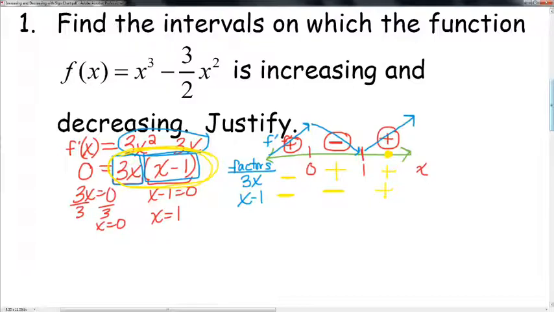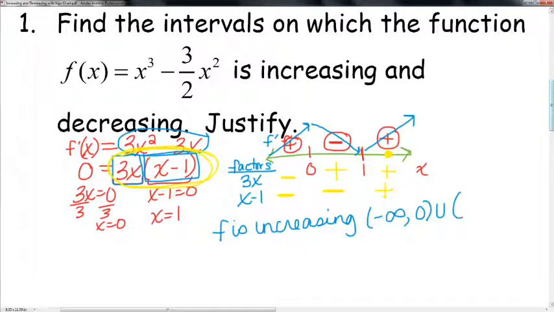So f is increasing from negative infinity to 0, and from 1 to infinity, because f prime is positive.